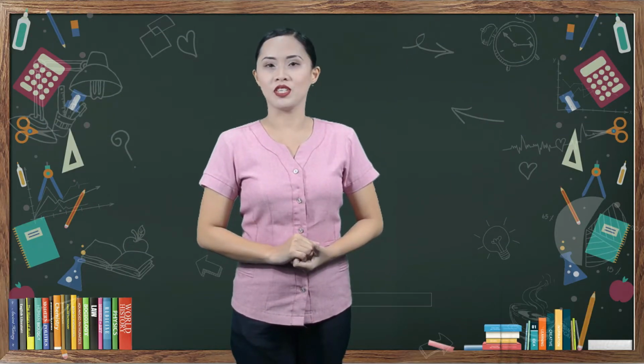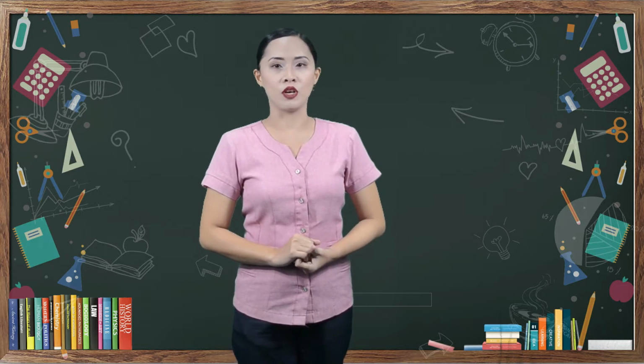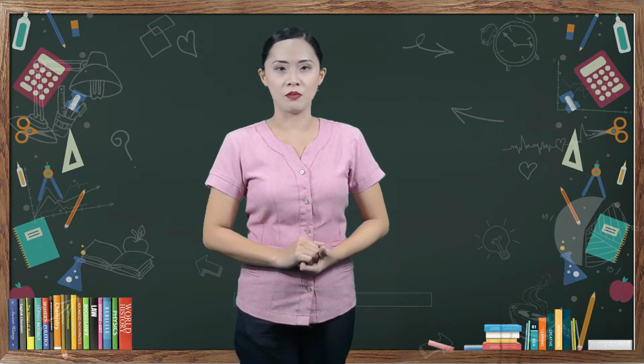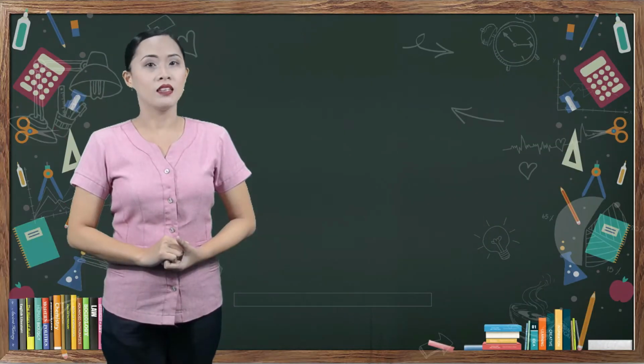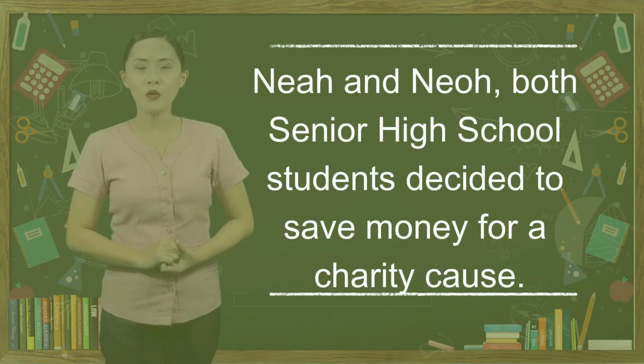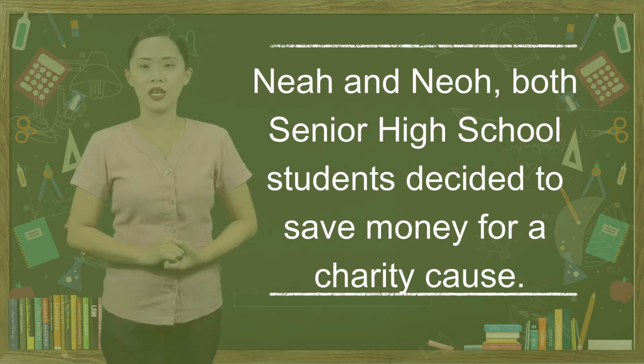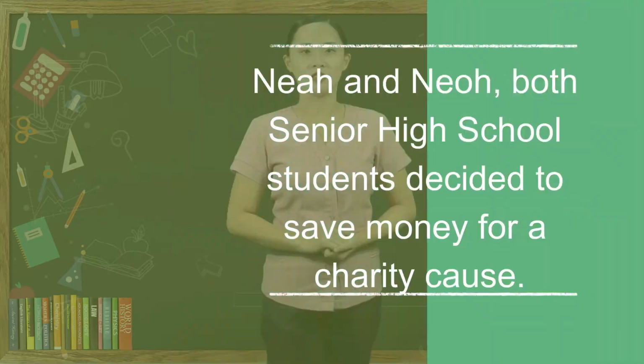Through inspiration instilled by their parents and realization brought by the COVID-19 pandemic experience, Nea and Neo, both senior high school students, decided to save money for a charity cause.